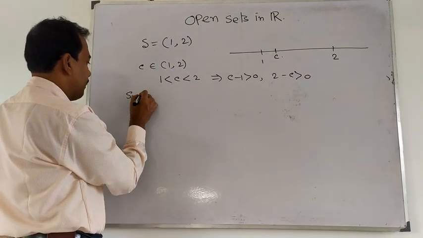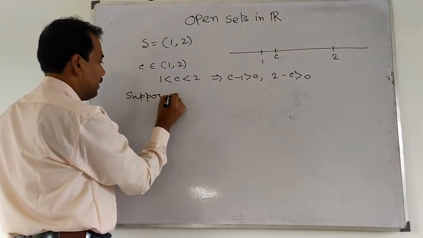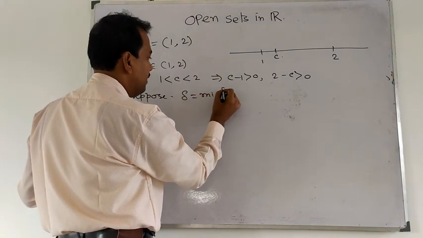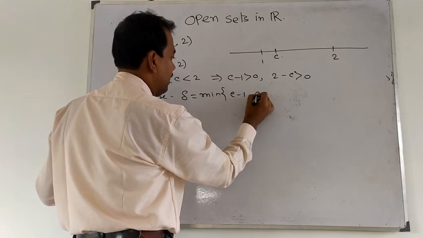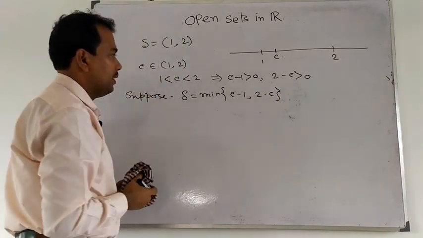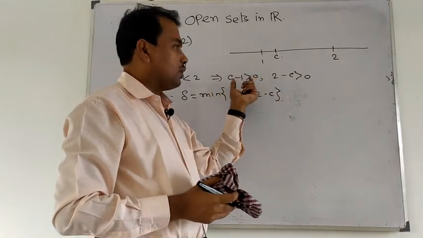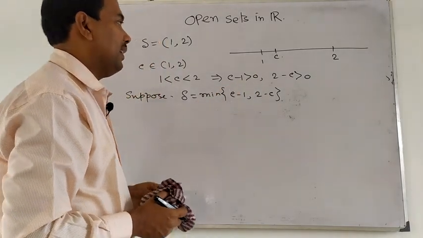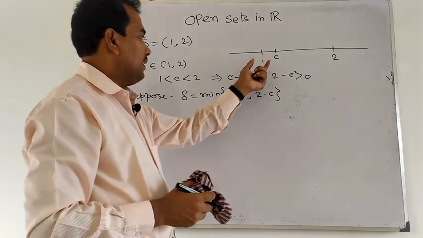Suppose delta is equal to the minimum of C minus 1 and 2 minus C. These are two positive numbers and we take the minimum of them as delta.